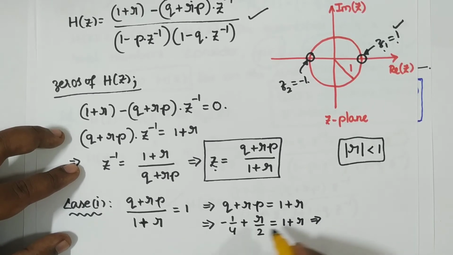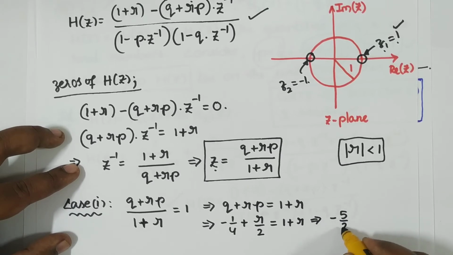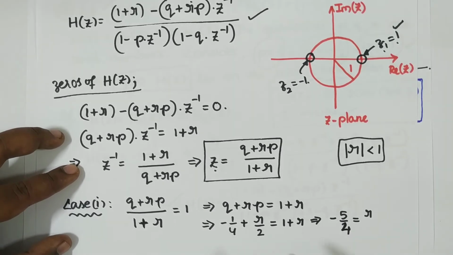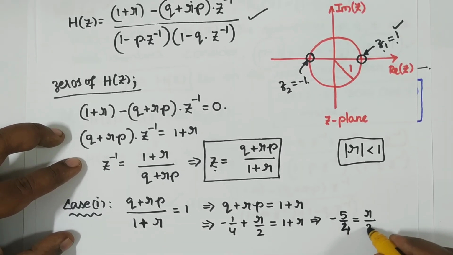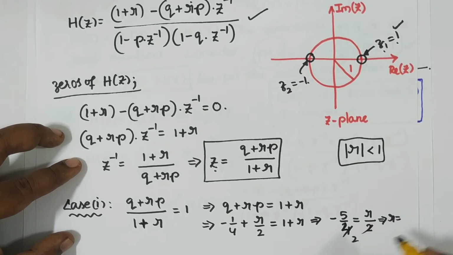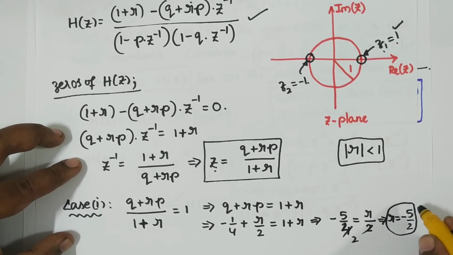So therefore what do we get? We get minus 5 by 4 equal to r by 2. So now what is r here? r is -5 by 2. So in case 1 we obtained r is -5 by 2.